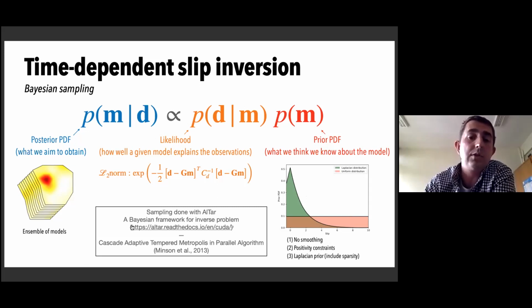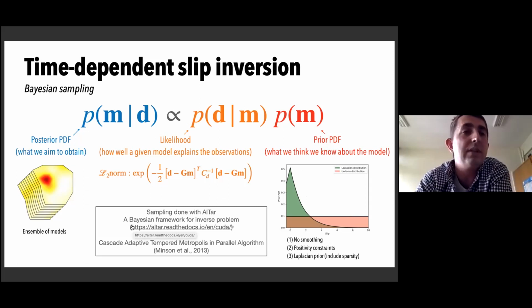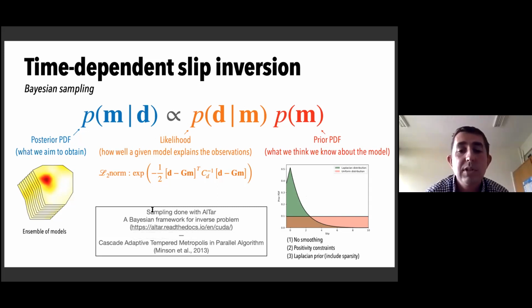And then just a little note on how this big problem is solved. We didn't write our own code. We took the one that was developed mostly at Caltech, and it's what is called Altar. There is now a new version of that code that can be found here if you are interested.